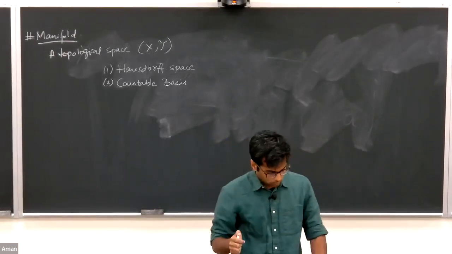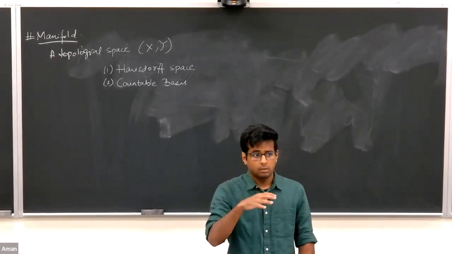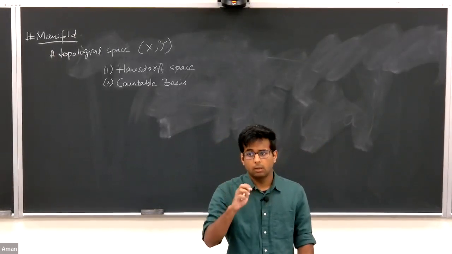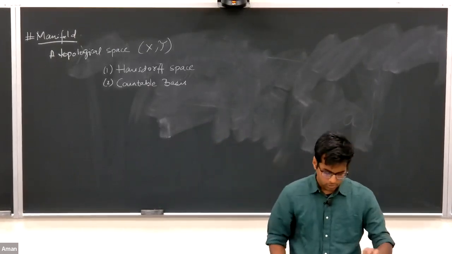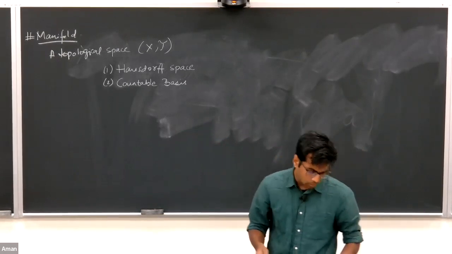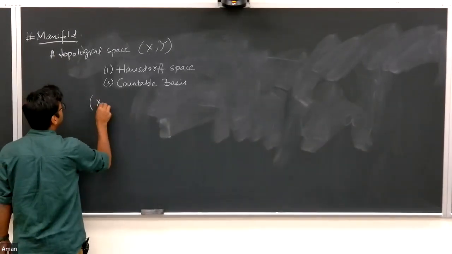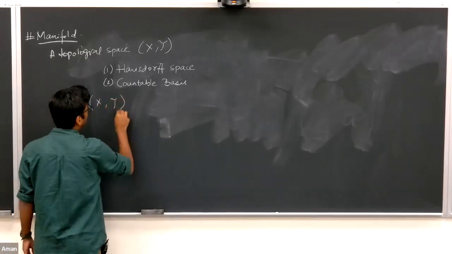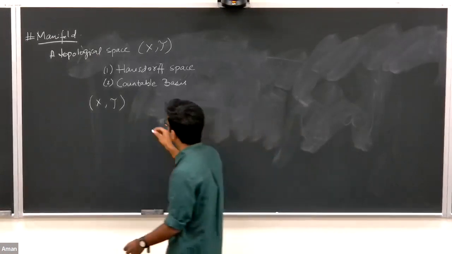That's clear, right? I have an example of a countable basis versus an uncountable basis. Let's say there's a topological space X, tau, which is induced by a metric space.